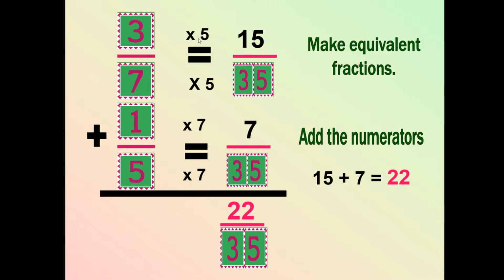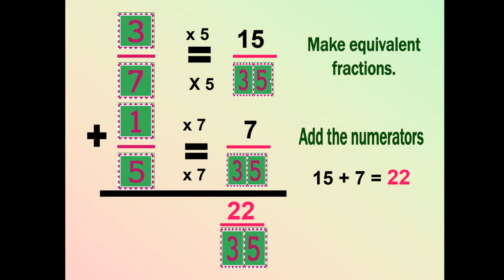So 3 times 5 is 15. Similarly, in the fraction below, how many 5s do you need to reach 35? You need 7. So you also need to multiply your numerator by the same amount, which is 7. So we get 7 over 35.